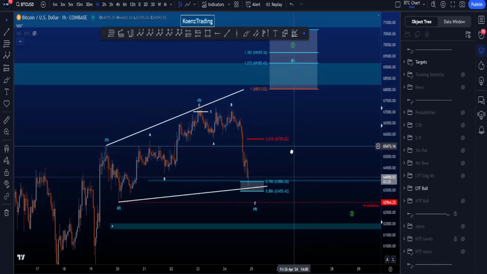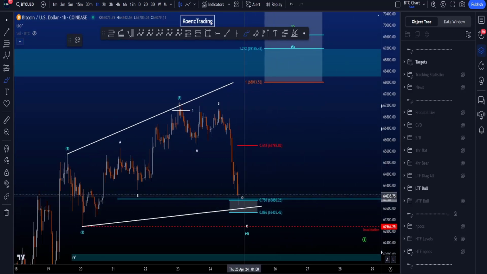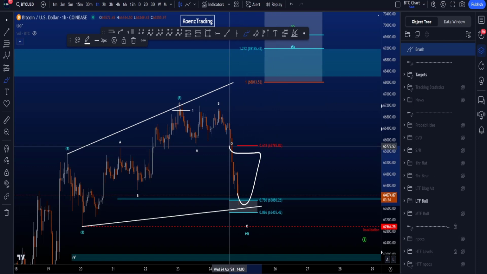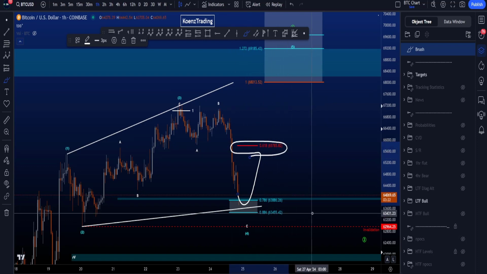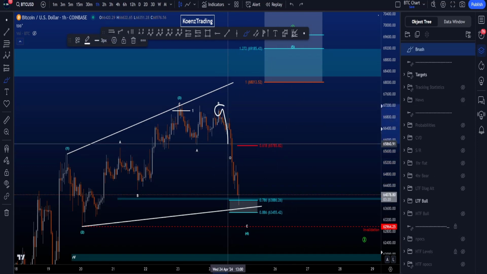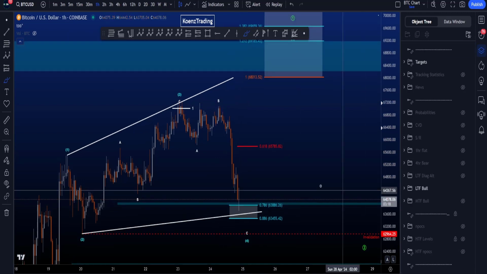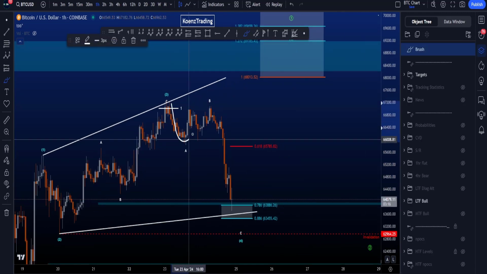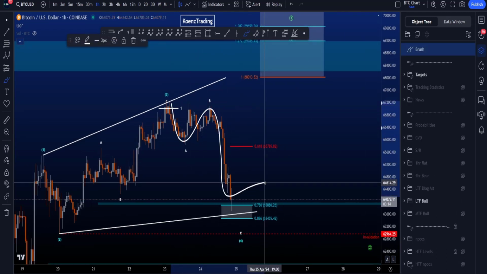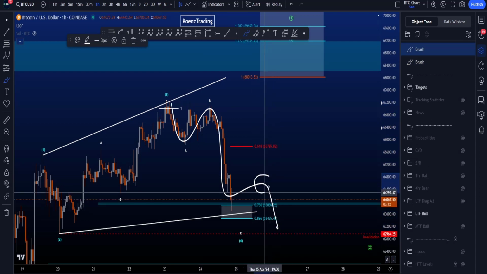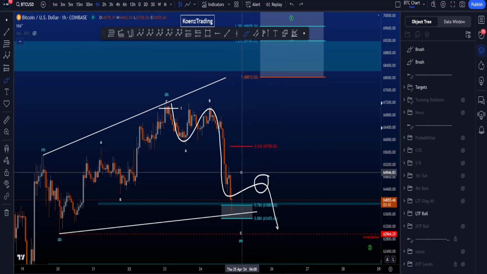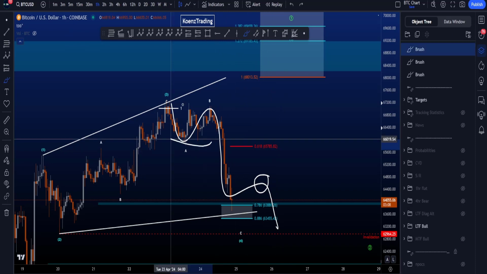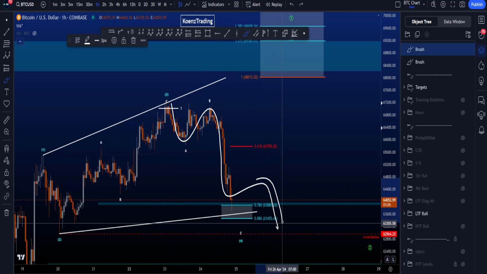Now in this scenario, what you would like to see is price move towards the upside and hit the 0.618 Fibonacci taken from the high of B to the current low that we have. An impulse to the downside would look like a wave 1, 2, 3, 4 and a 5, where wave 4 will not hit the 618. You get a range the size of this wave B and then another drop to the downside.